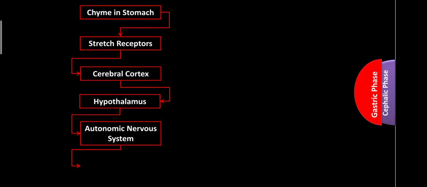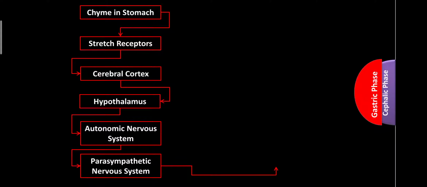Then the hypothalamus activates the autonomic nervous system, which mainly consists of two systems, the sympathetic nervous system and the parasympathetic nervous system. Here it activates the parasympathetic nervous system, and the parasympathetic nervous system stimulates the vagus nerve, releasing acetylcholine.